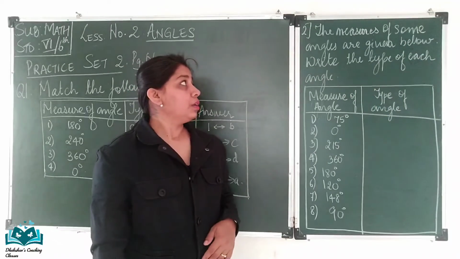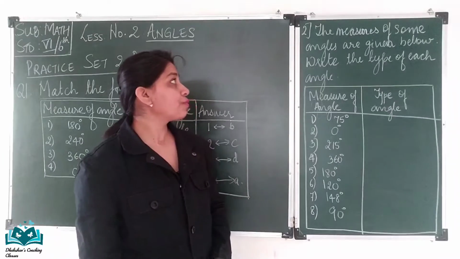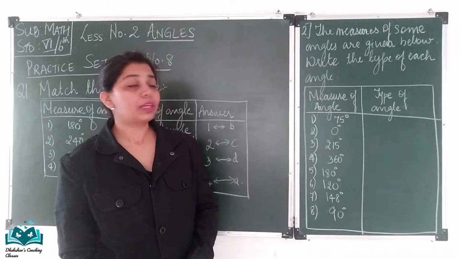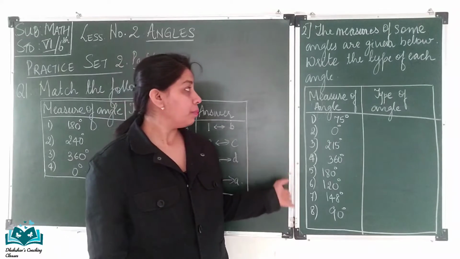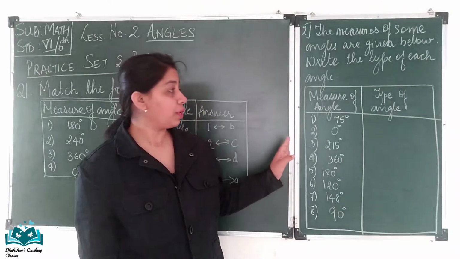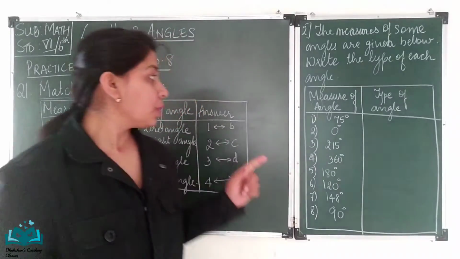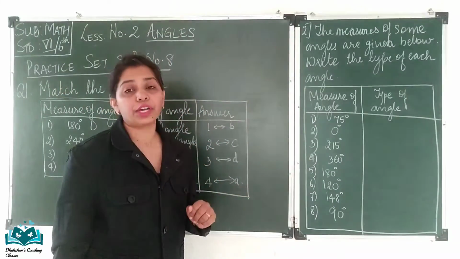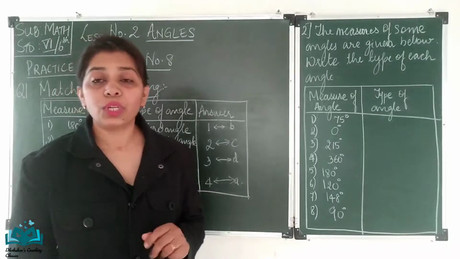The second question of the same practice set says, the measures of some angles are given below. Write the type of each angle. So for that, I have made 2 columns, measure on one side and type of angle on the other side. The first measure is 75 degree. So it will be which angle?